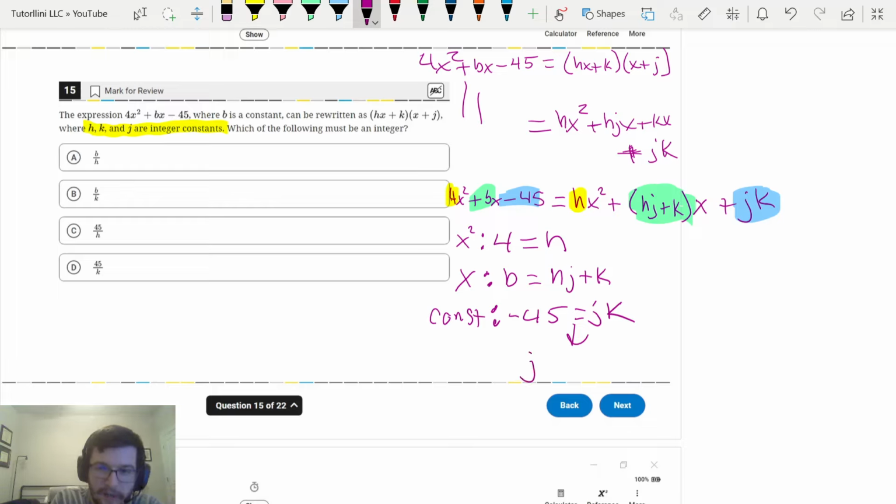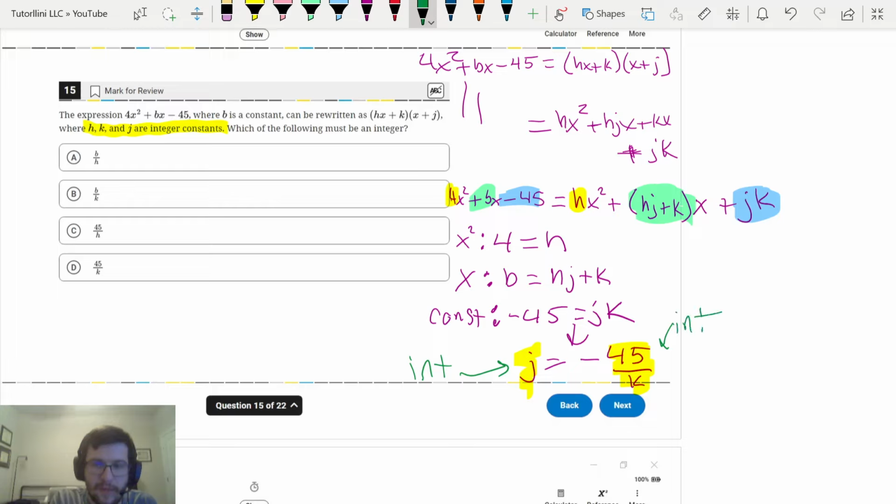You divide both sides by k, and you get j equals negative 45 over k. So the negative doesn't really matter. Integers can be negative or positive. So the question is, is 45 divided by k an integer? Well, it's equal to j, which is an integer. So if that's an integer, then this must be an integer.